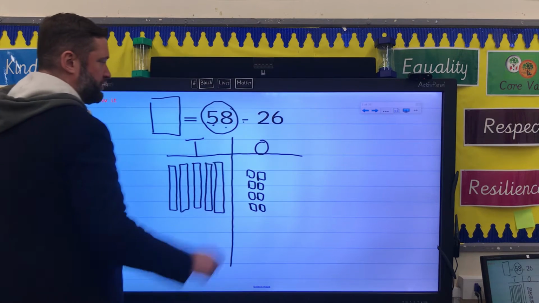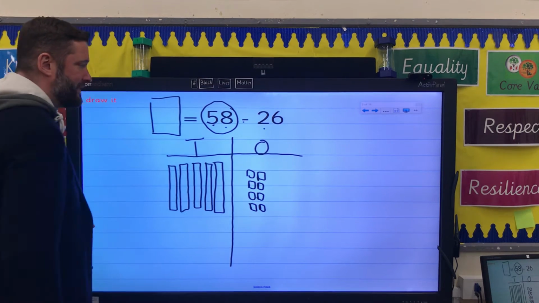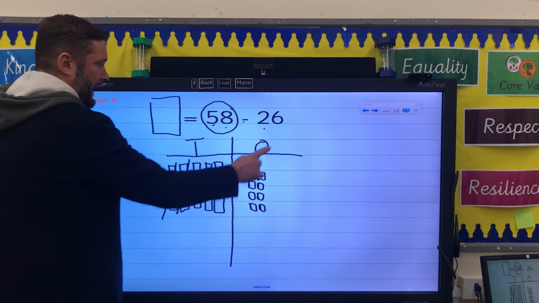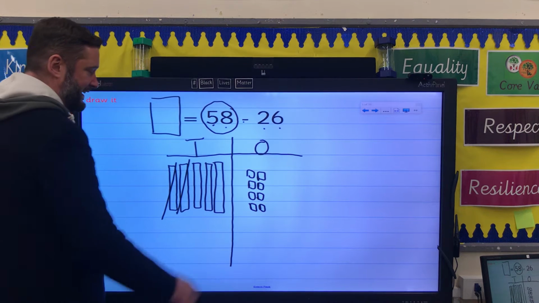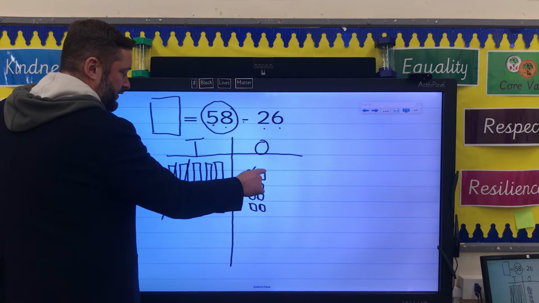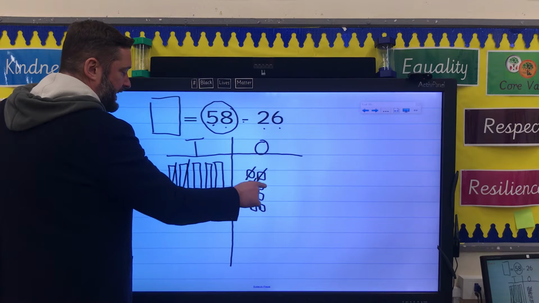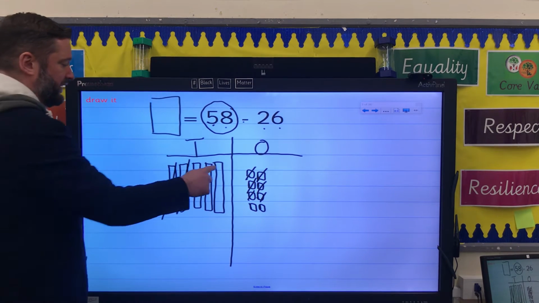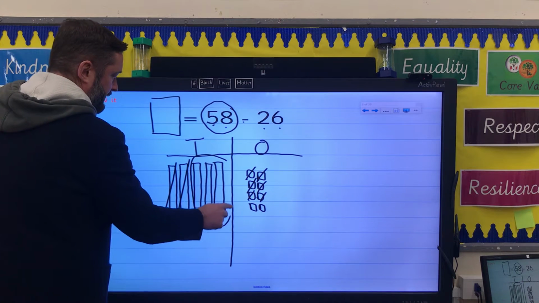Now time to subtract. How many tens am I going to subtract? That's right, 1, 2. How many ones am I going to subtract? 6. Count with me. 1, 2, 3, 4, 5, 6.